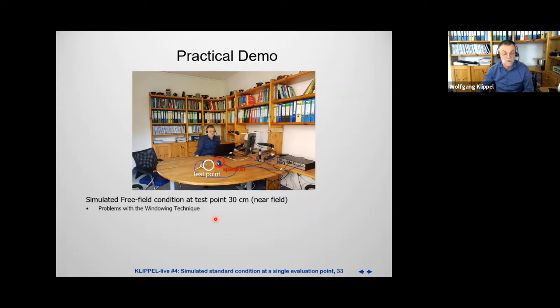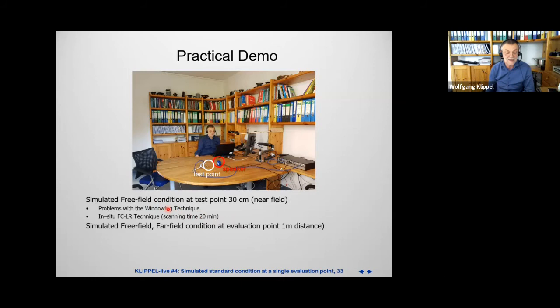We show again the problem with the windowing, and then apply here the in situ full compensation low reference technique. But we are using here the complete scan to compare the windowing technique also with the full scanning technique and showing you some problems also with the windowing.